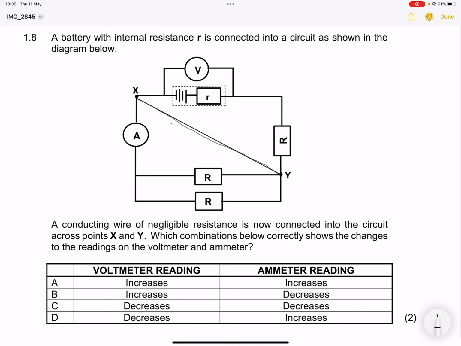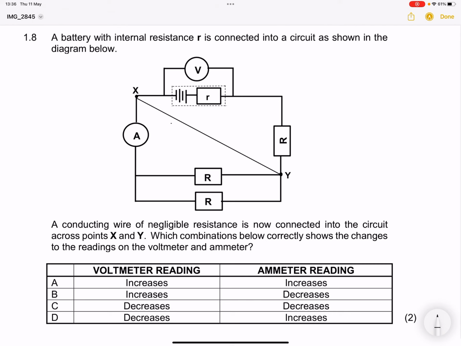Connect the two together. Right, so we put a wire there. Okay, and they want to know which combination below correctly shows the changes to the readings on the voltmeter and ammeter. Right, now I want you to please note the following.